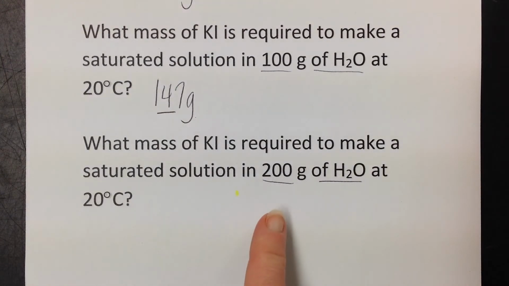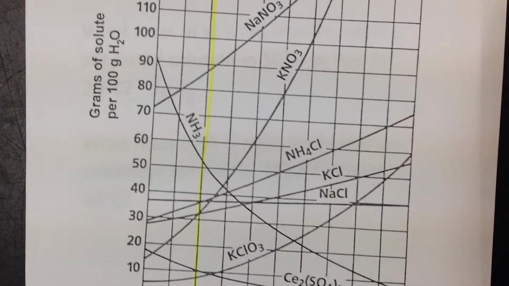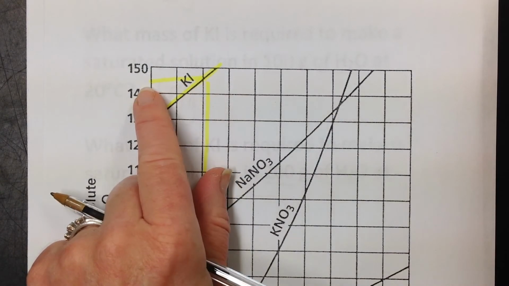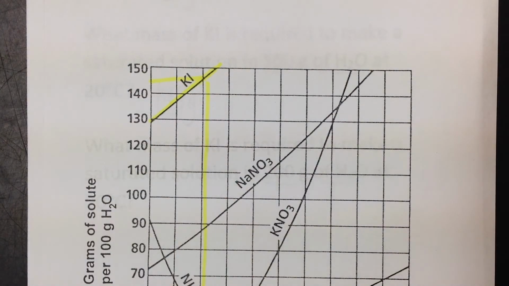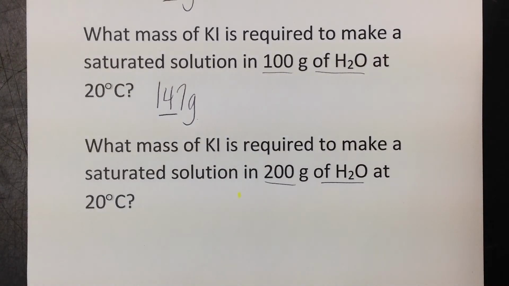So we're going to read the graph for 100, which we've already done, and we knew that at 20 degrees Celsius, we could dissolve about 147 grams in 100 grams of water. So if we're talking about 200 grams of water, we're going to have to double that amount.